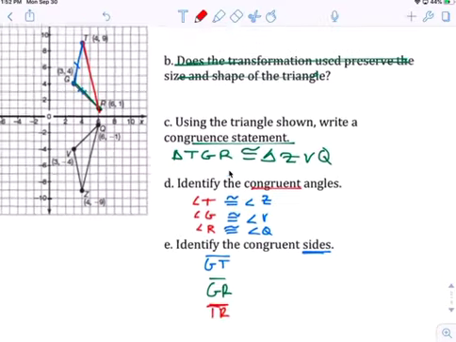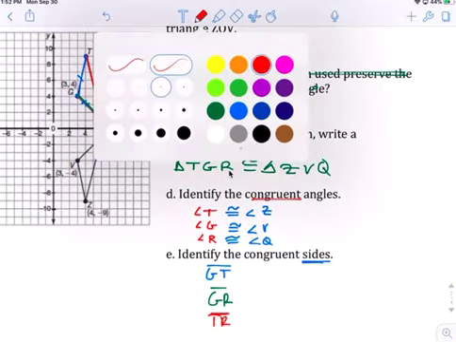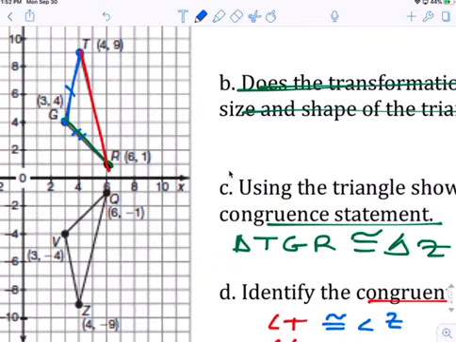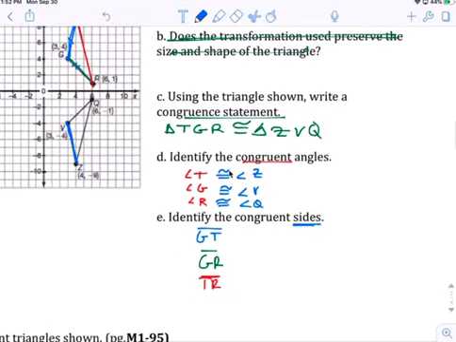Okay, now let's look at GT. GT is blue right here. That is congruent to VZ.